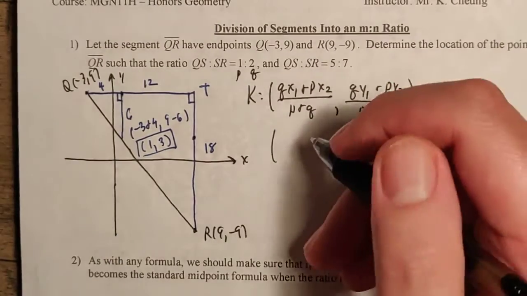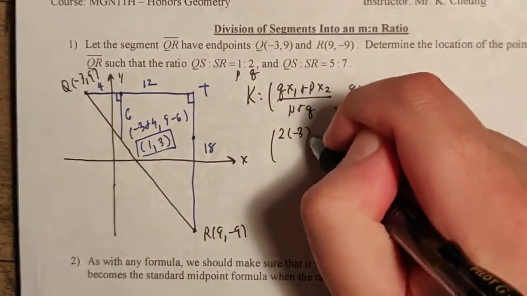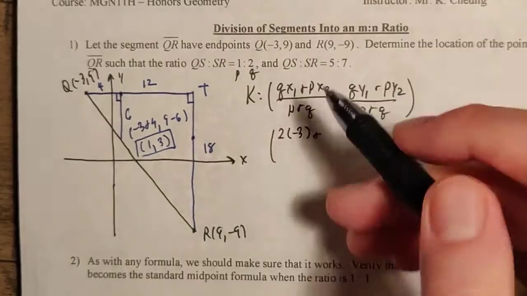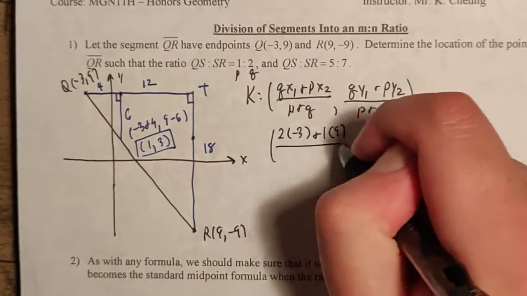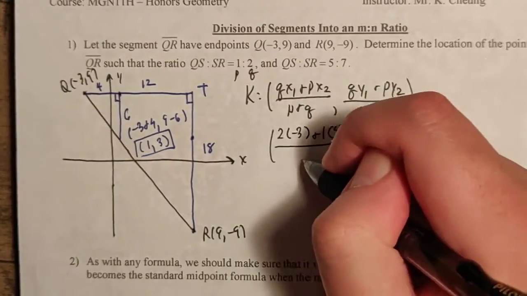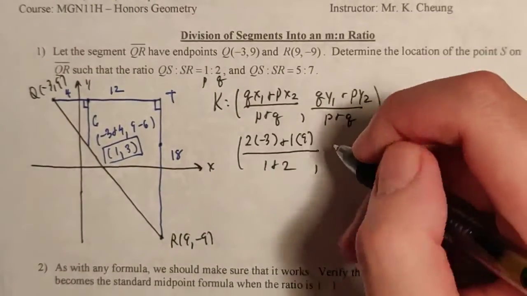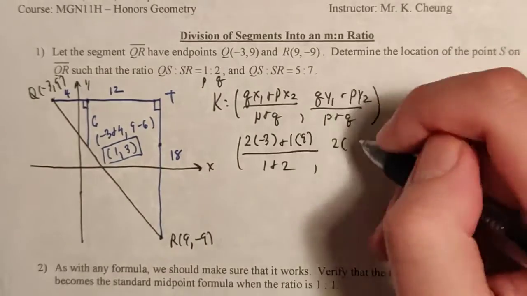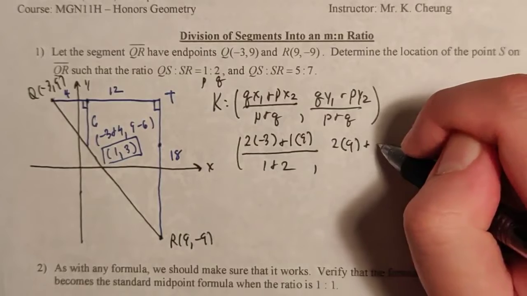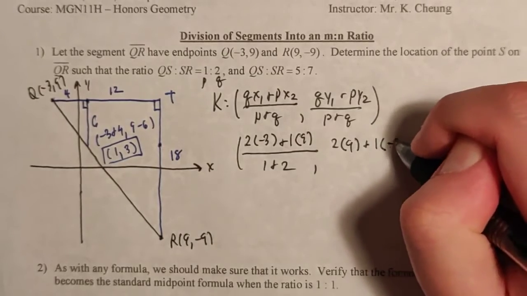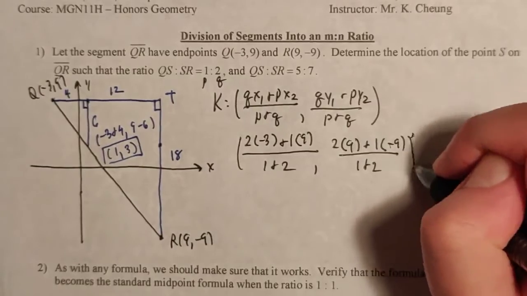So that's a -3. So let's go ahead and plug this in. It's going to be 2 times X1, which is -3, plus P, in this case, is 1 times X2, which is 9, all over P plus Q, so P plus Q is 1 plus 2 here. The same is going to occur here. So Q, which is 2, times Y1, which is 9, plus, in this case, again, P is 1 times Y2, which is -9, all over, again, 1 plus 2 here.